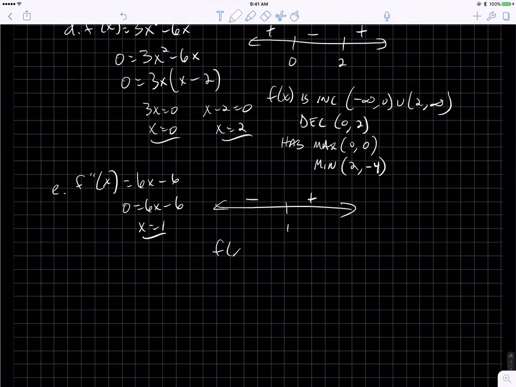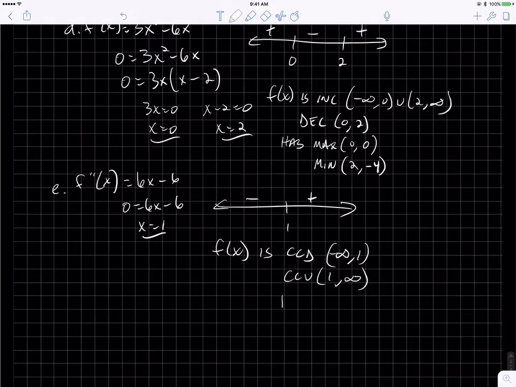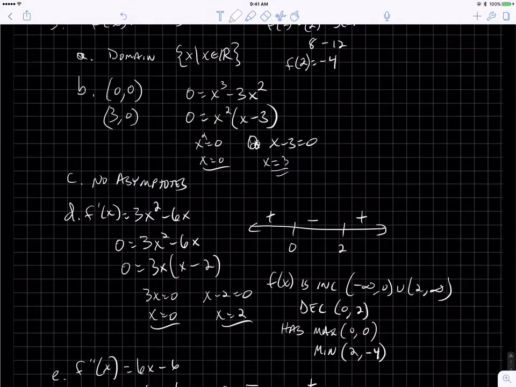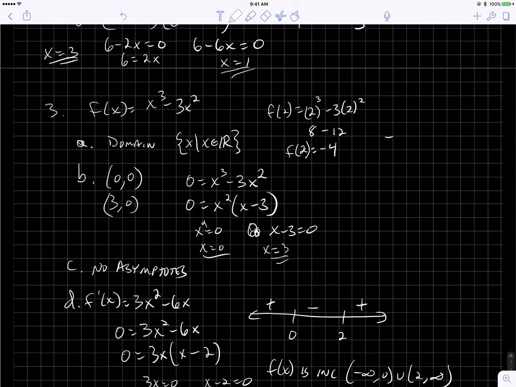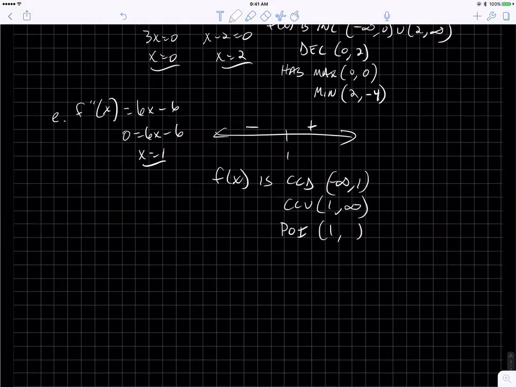So f of x is concave down from negative infinity to 1, concave up from 1 to infinity, has a point of inflection at 1. When I plug 1 into the original, I get 1 minus 3, so I get negative 2.